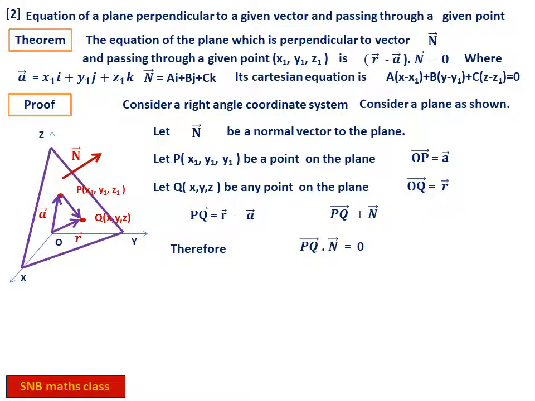So now PQ dot n should be equal to 0. Now substitute, that's all. What is PQ now? r minus a. Therefore (r minus a) dot n equal to 0. This is the vector equation of the plane. So simple. The proof of the second one is very, very simple. So the vector form is (r minus a) dot n equal to 0. So this is the proof.